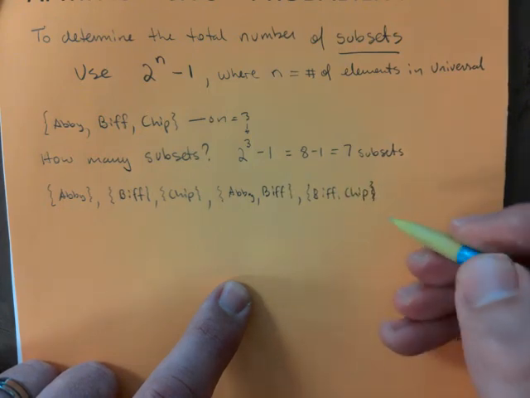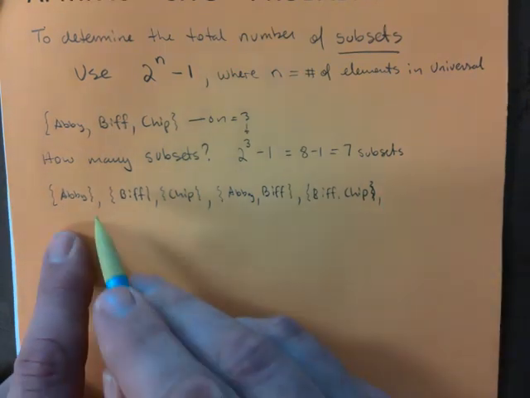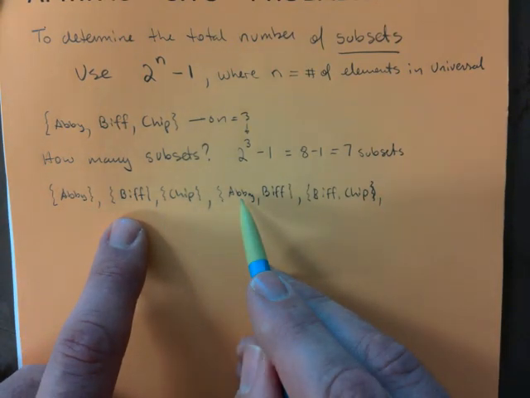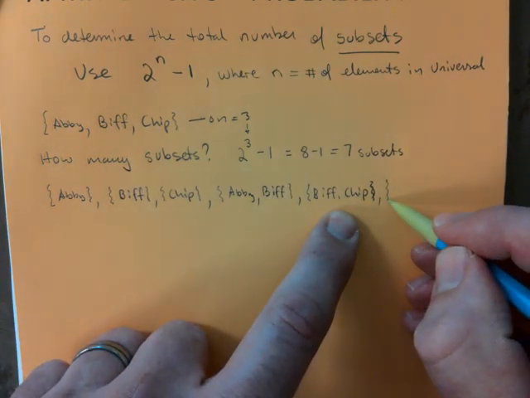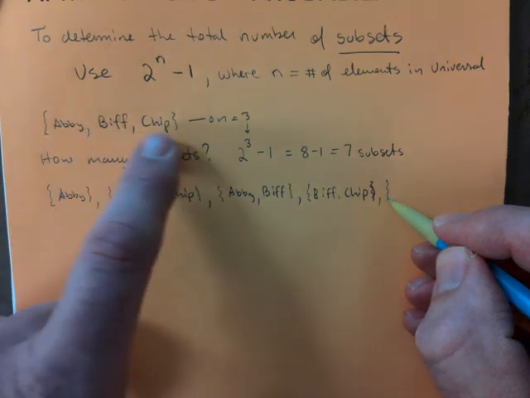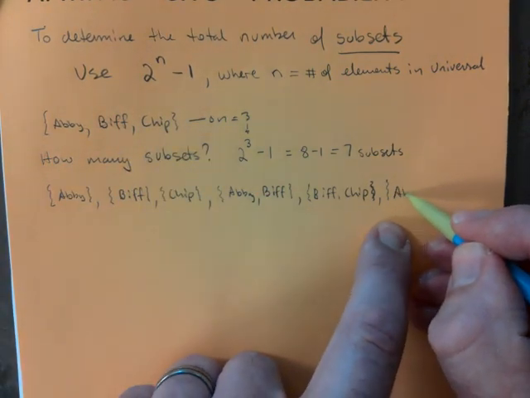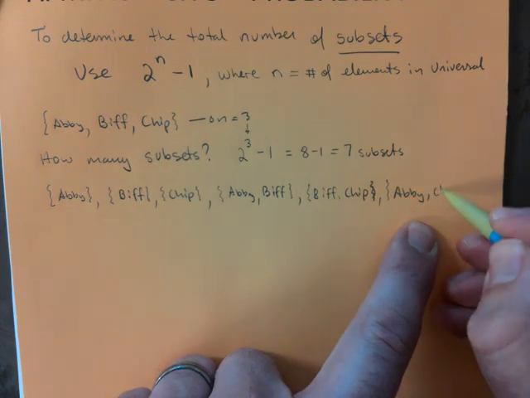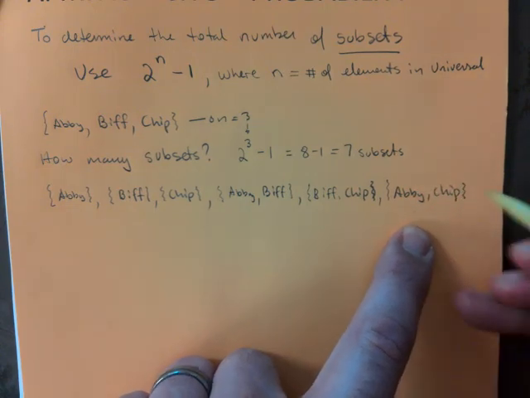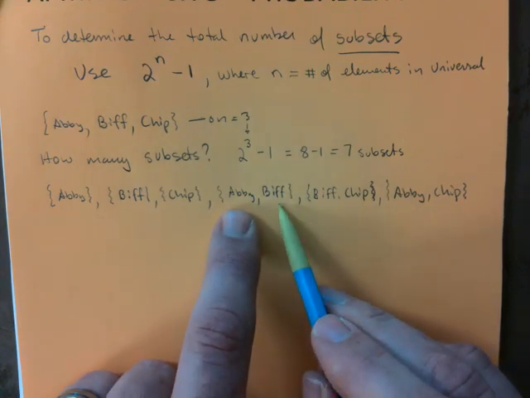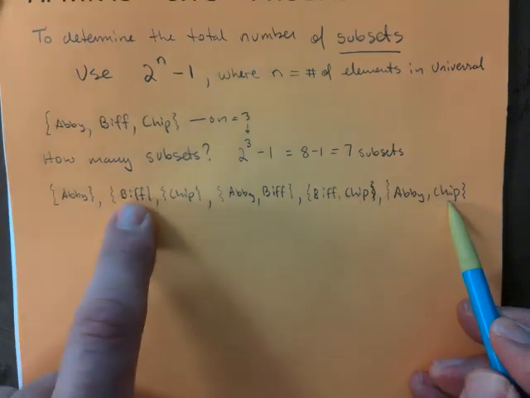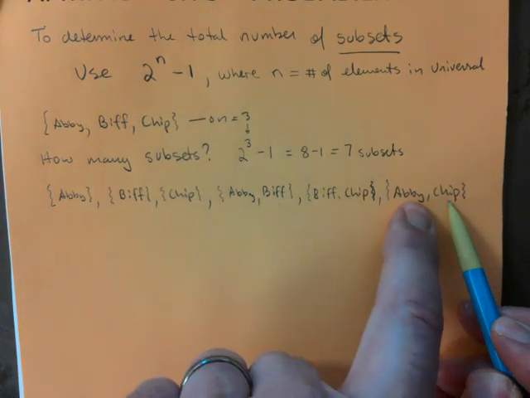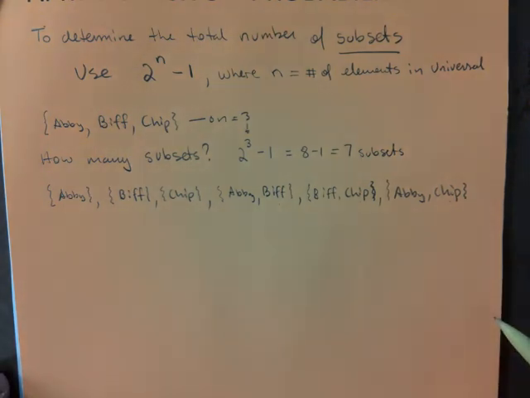Oops, squiggly brackets. So we've got 1, 2, 3, 4, 5 already. What's another one I can make? Abby and Chip, right? So I did Abby, Biff, Biff, Chip, Abby, and Chip. So this is 1, 2, 3, 4, 5, 6.